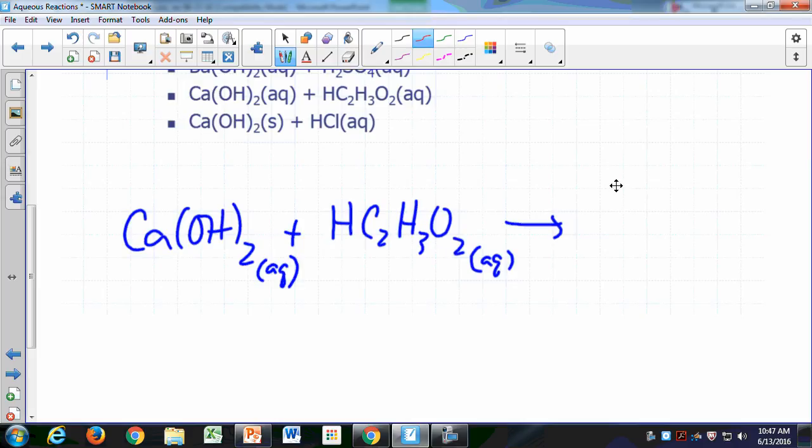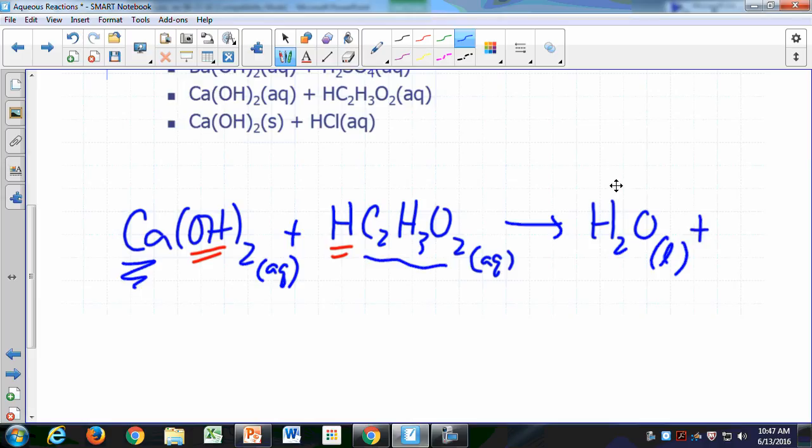So my H plus from acetic acid and my hydroxide from calcium hydroxide will give me water, liquid, and then my calcium and my acetate would give me my salt, Ca. And my acetate's -1, calcium is +2, so that means calcium acetate is Ca(C2H3O2)2 aqueous. You have 2 acetates for every calcium.